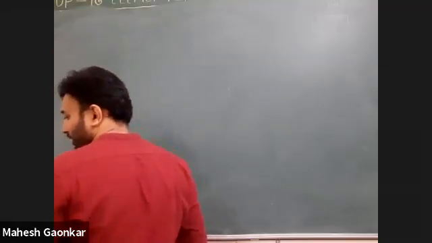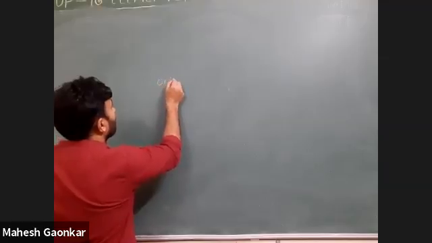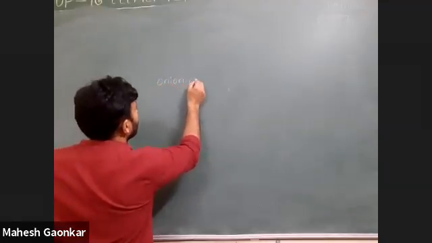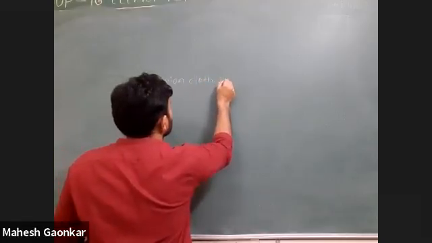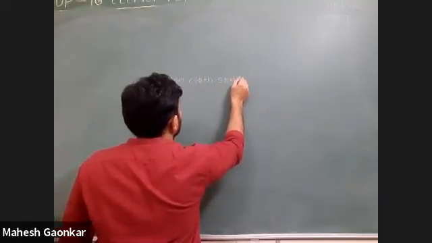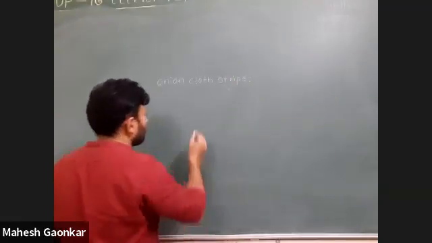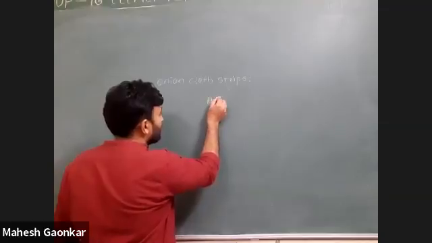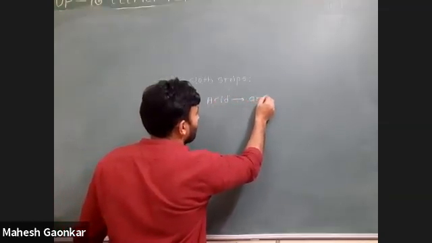Olfactory indicators. There you can write onion clove strips. In acidic medium, ammonical smell.